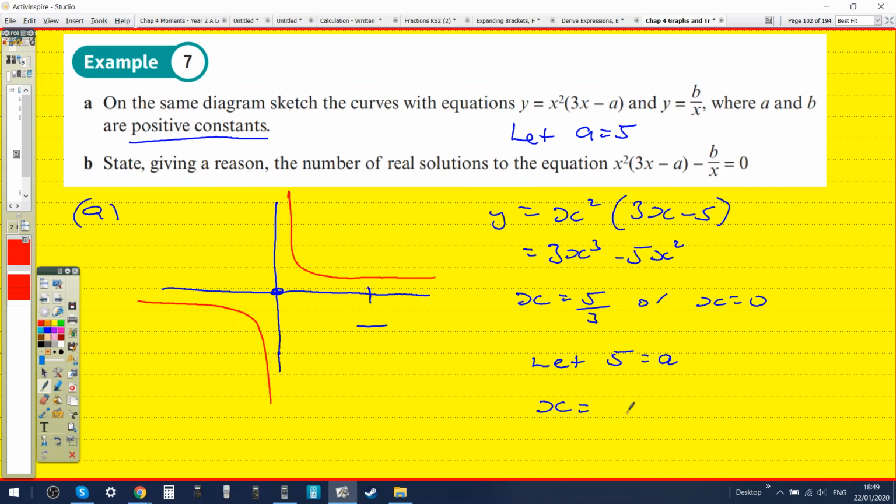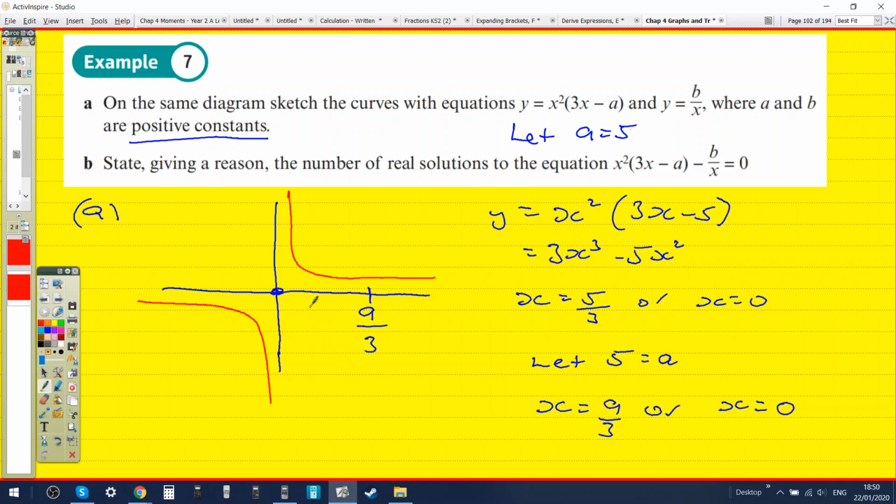So A over 3. Basically there was no 5. We just did that. So 5 over 3 will be on the right side of the x-axis, and so this will also be on the right side because it's a positive number. It's just kind of to help us to do that.